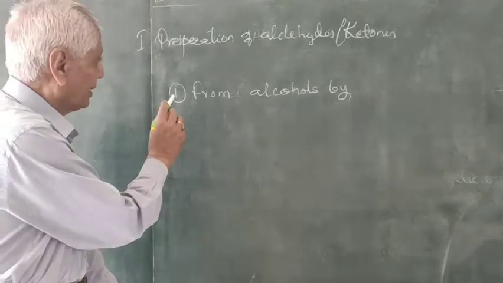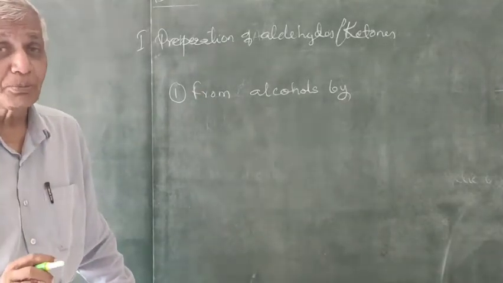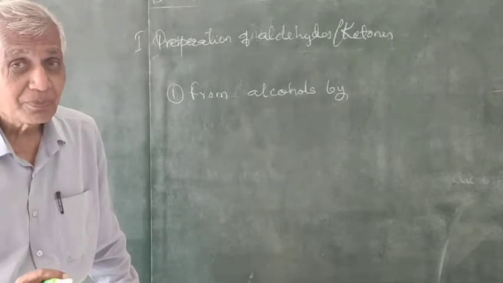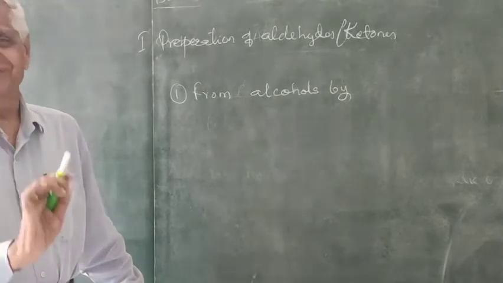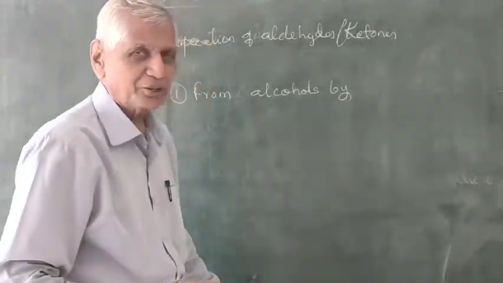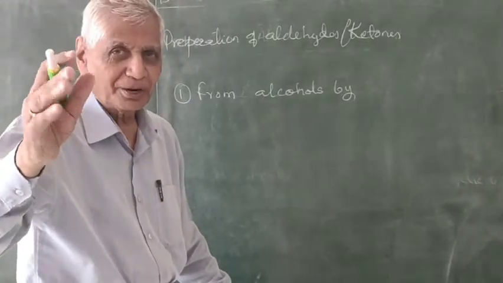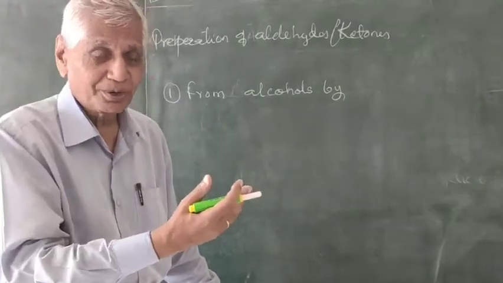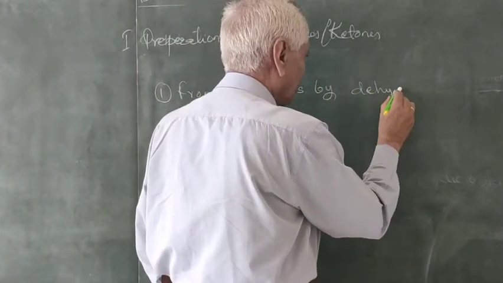So from alcohols you can prepare aldehyde and ketone by what method? Dehydrogenation. It means removal of 2 hydrogen atoms, as I already told you. So alcohols by dehydrogenation.